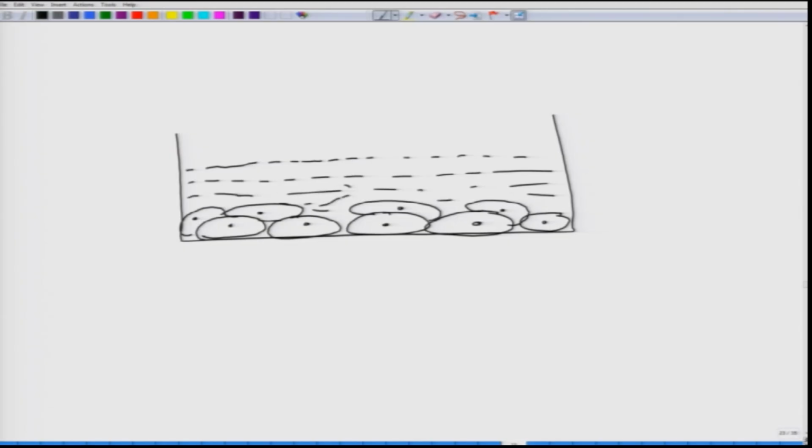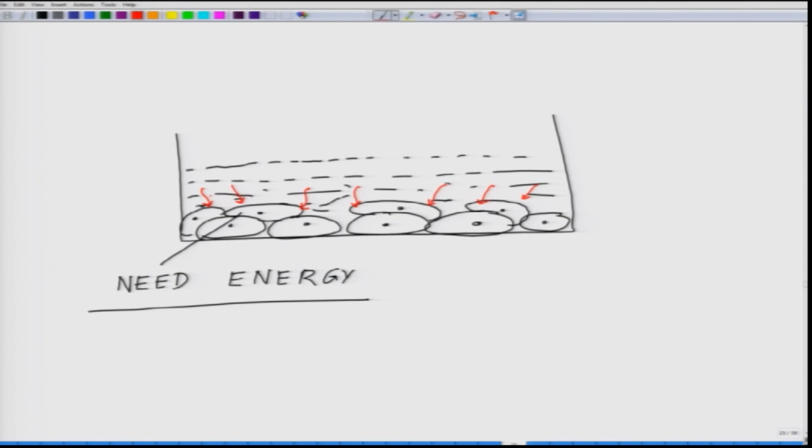Now, under this condition, these cells which are dividing will need energy, and its only source of energy is the medium, because none of these cells are synthesizing their own food material.